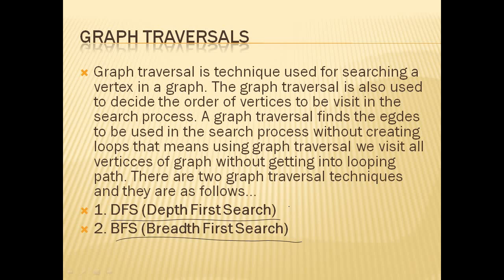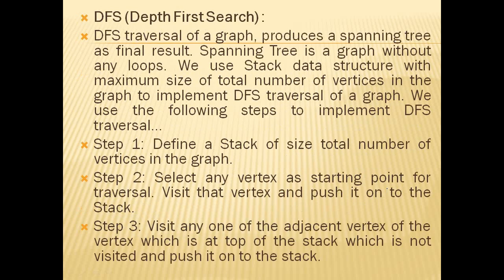DFS uses a data structure called stack, and BFS uses a queue as a data structure to perform operations. First we discuss DFS. Generally, at the time of traversal, DFS generates a spanning tree as a result.